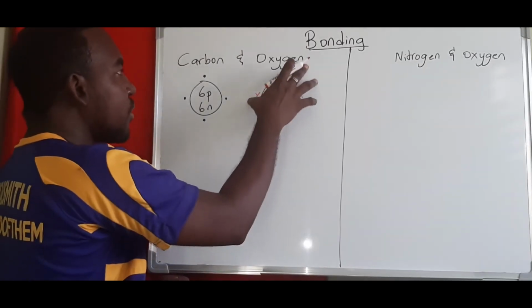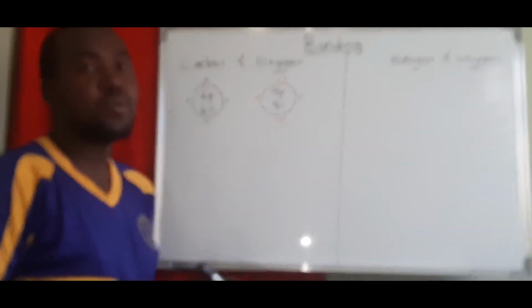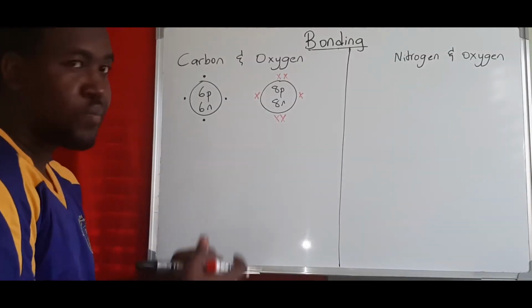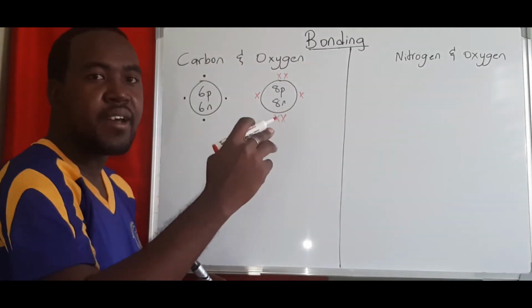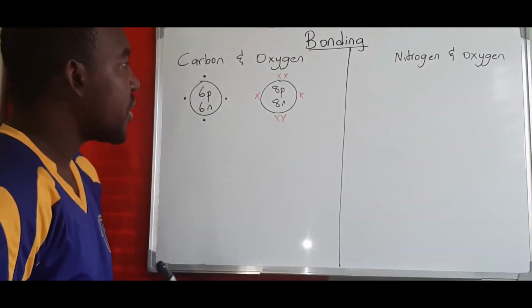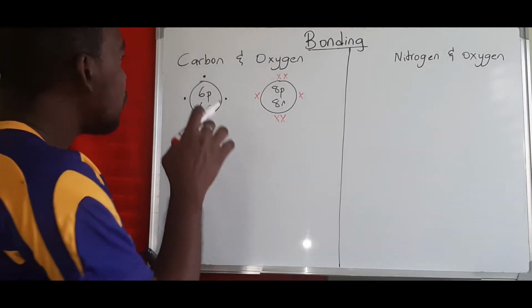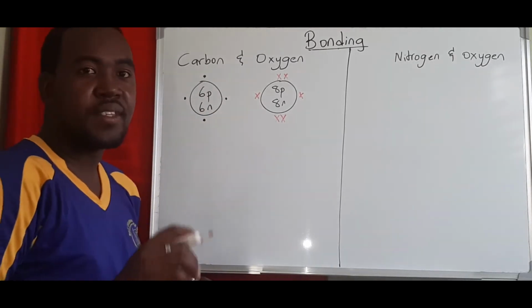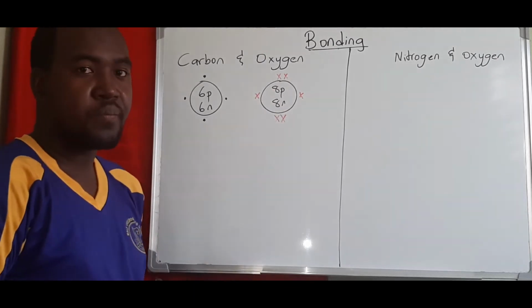We know oxygen has 6, so that is a non-metal and a non-metal, so that is covalent. So now we have to share, right? So instead of transfer, because that's ionic, covalent, now we share. And sharing involves the two atoms giving the same amount of electrons in that sharing loop, right?